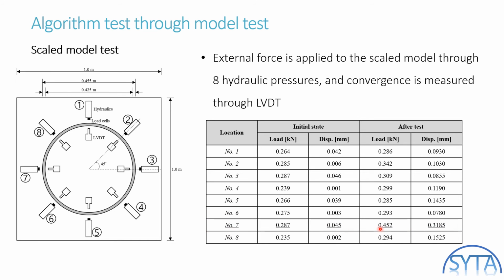At this time, the initial convergence was 0.02 mm on average, but increased to 0.32 mm at the 7th position by an external load.